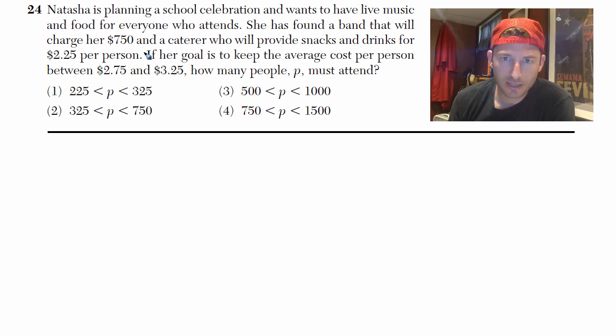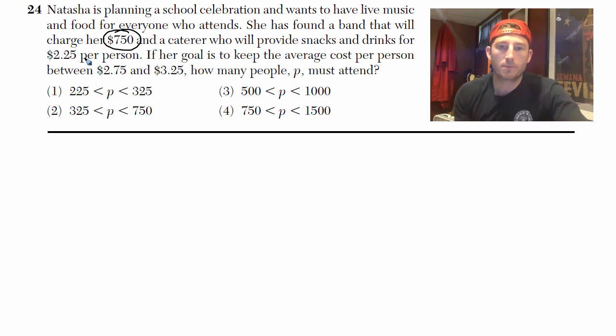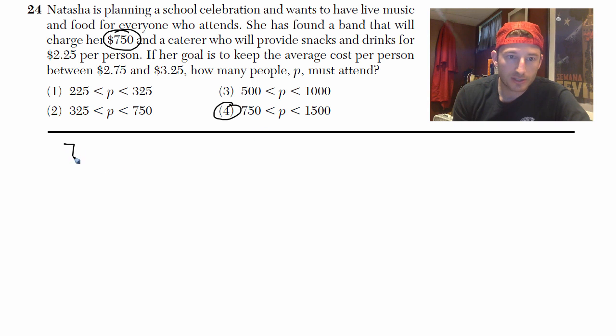And it looks like the band is going to charge her $750. So how much it costs per person is going to have to get divided up with the band, right? So let's pick number 4 here. Assume it's right. So let's say 750 people show up, and then at the most 1,500 people show up.